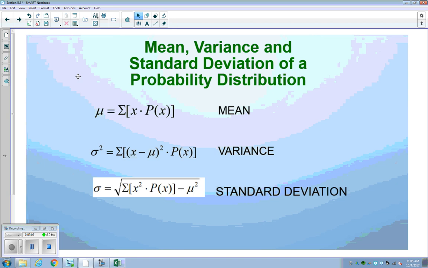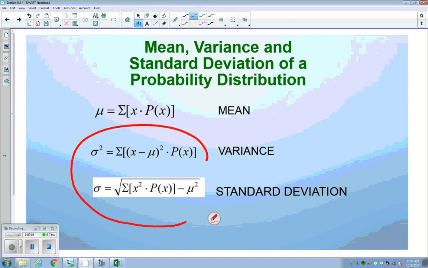So make sure you realize this: the standard deviation is nothing more than the square root of the variance.